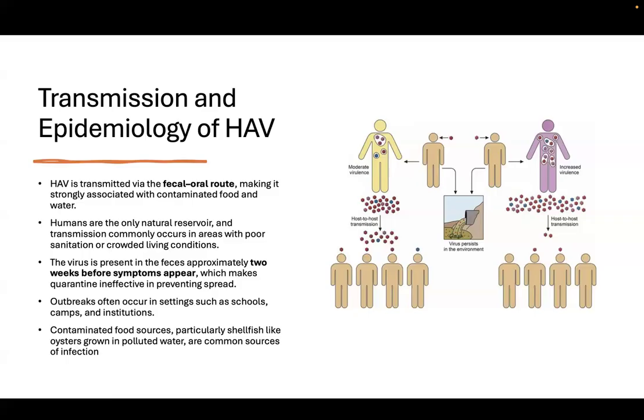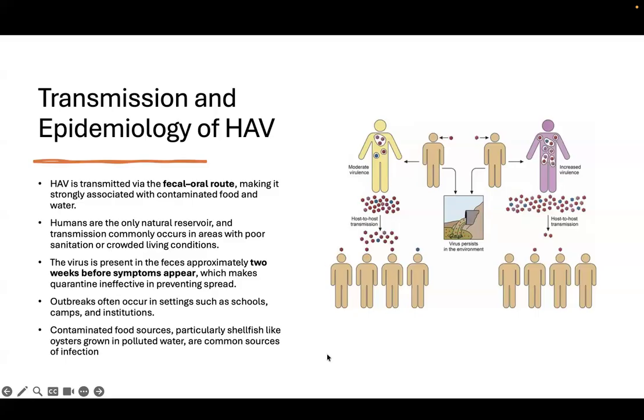So we can be asymptomatic for 2 weeks, but we keep shedding so much of the virus that it can go into the sewer waste, which is mostly how it spreads.